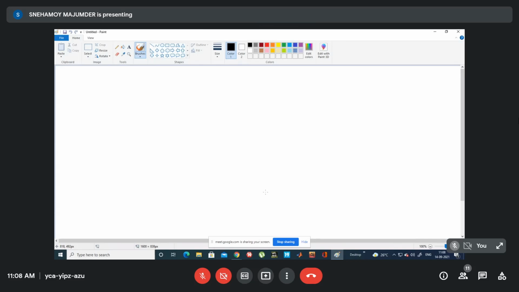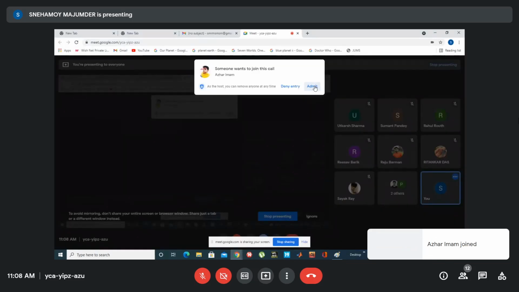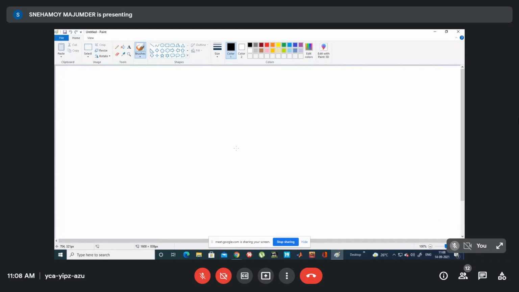Now, question is, what are the main features of a computer that helps in numerical analysis? Obviously, one of them is the algorithm, as you have already gone through.